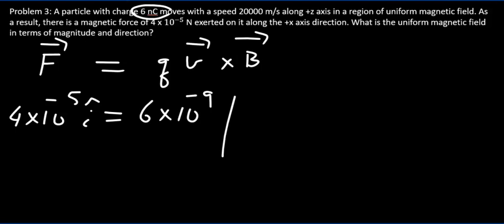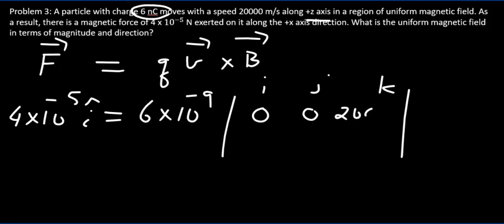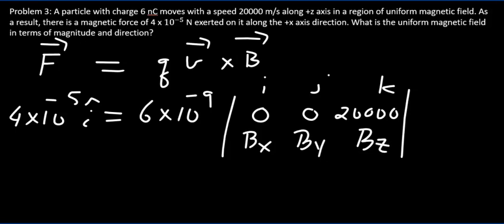Let's write the vector product in determinant form, i j k hat. The velocity vector has only k hat direction, so there is no x component and no y component, but there is a z component. 20,000 positive, because it's moving in a plus z direction. Magnetic field we don't know, so for now let's simply write all the components, bx, by, bz.